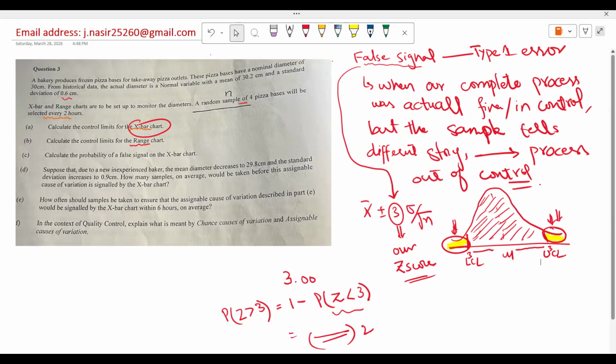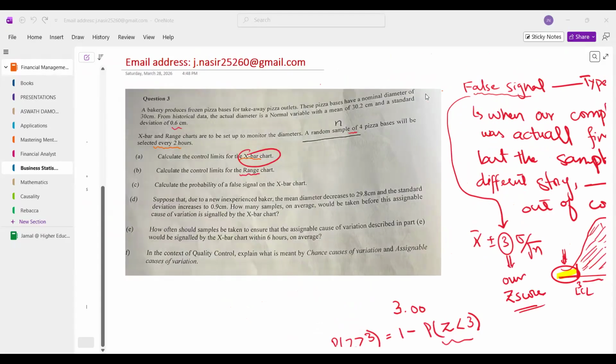I'll share the z table PDF with you, because it's really important. If you just look at the negative value, in that case it will give you the direct, right answer. Like if you just take the value of minus 3.0, it would give you, I'll show it to you.